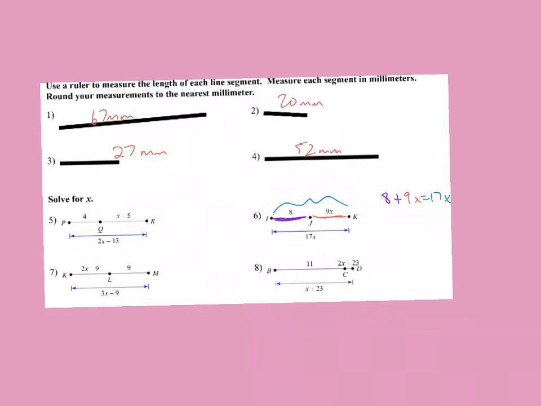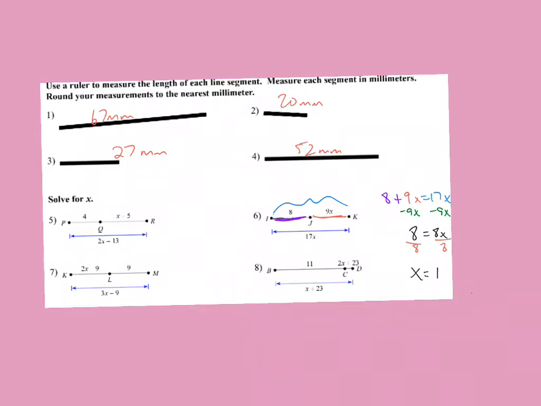And now I'm just going to use PEMDAS backwards, but I'm not going to do that yet because I'm going to move my 9x over. So I'm going to put all my x's on one side just like we've done before. I end up with 8 equals 8x. Divide both sides by 8. Just simple solving. This is easier than any solving we did beforehand. X equals 1.